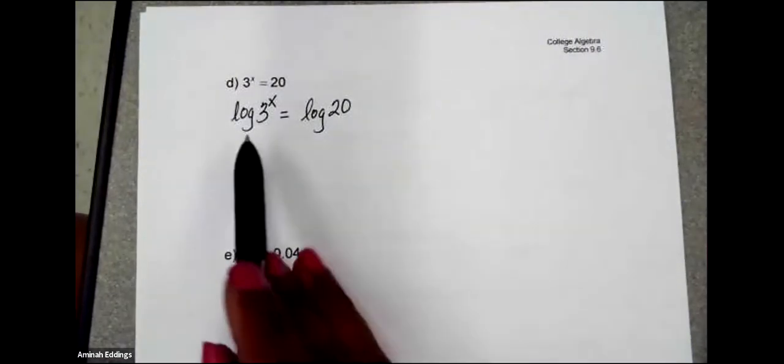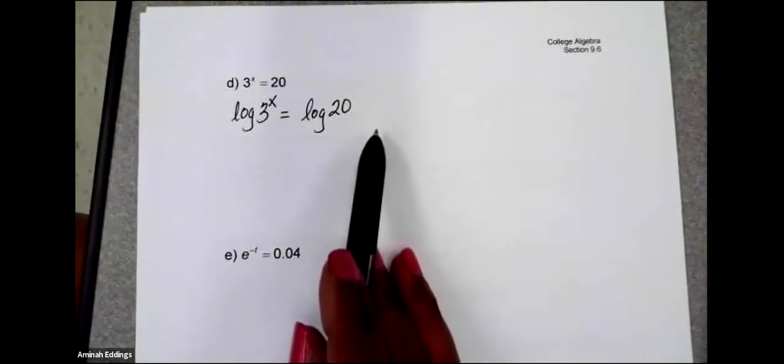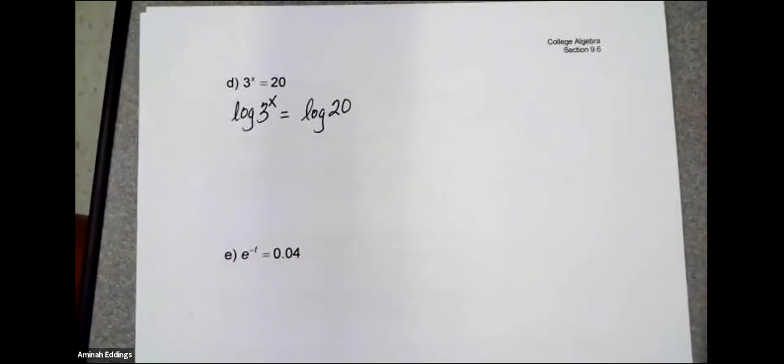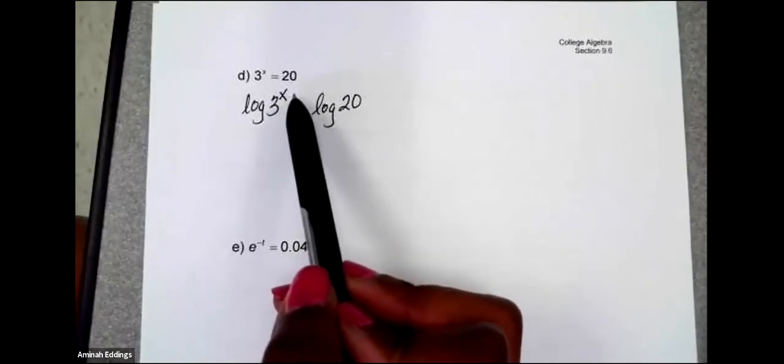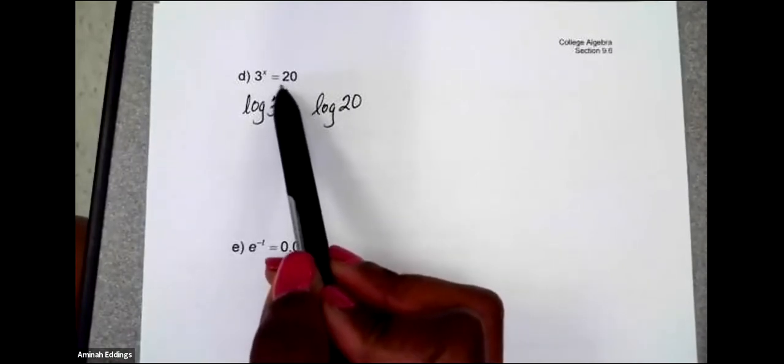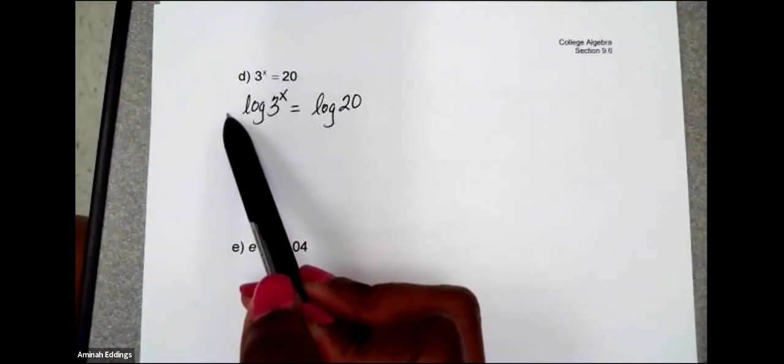Because remember, whatever I do to one side, I have to do to the other side. Okay? And then this allows me to use my power property, that says I can bring this x down.